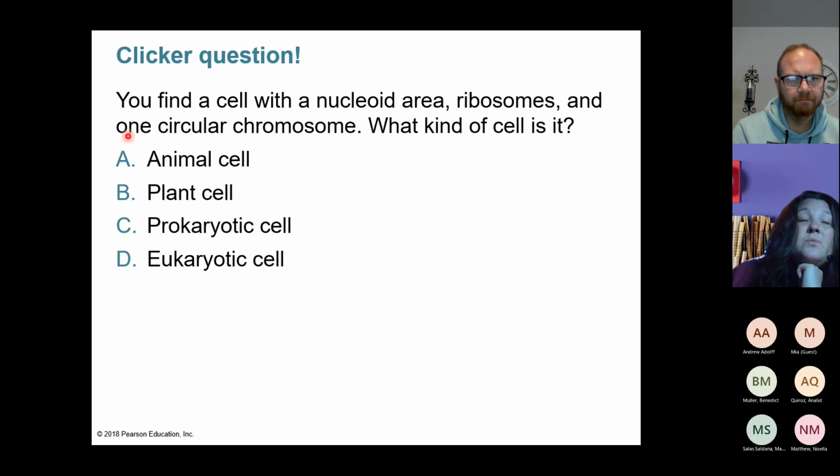And then another key word is one circular chromosome. Those are characteristics of a prokaryotic cell. So the correct answer here is C.